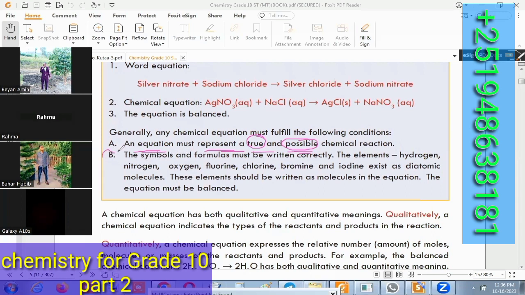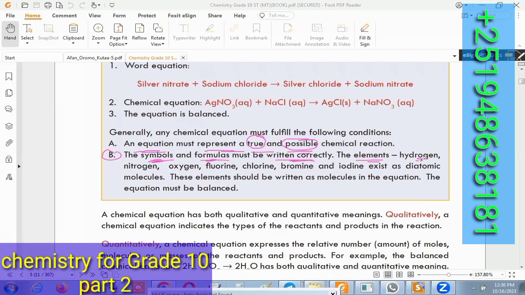Next, the symbols and the formulas must be written correctly. That means some elements, like hydrogen, exist as diatomic molecules: hydrogen, nitrogen, oxygen, fluorine, chlorine, bromine and iodine.